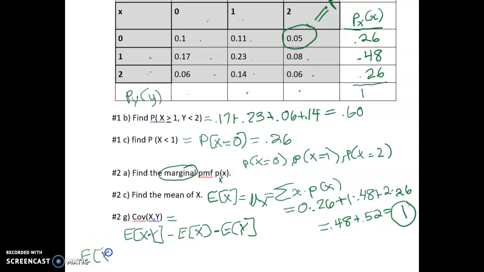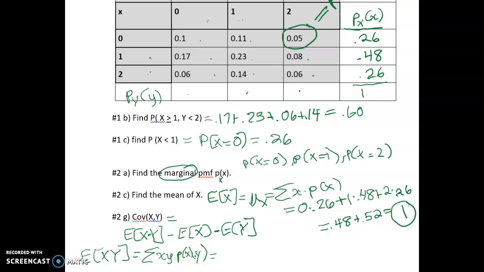Expected value of x times y, the formula you have says something like this. Whoops, that should be a comma. So x times y times the joint probability function of x comma y. All that means is take x times y and multiply by the probability of that x and y.